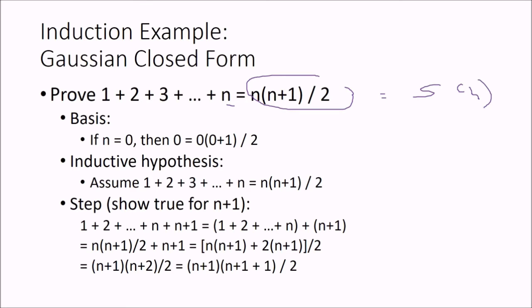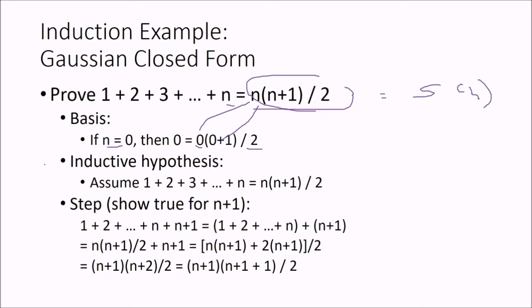Let us put n equal to 0 here. What do we get? 0 plus 1 by 2, that is 1 by 2, and then we multiply it by 0. So for n equal to 0, the function becomes 0. This is the basis.